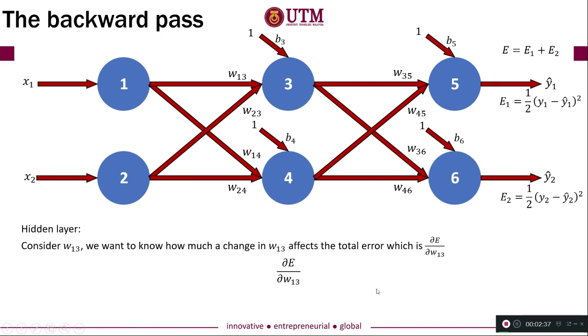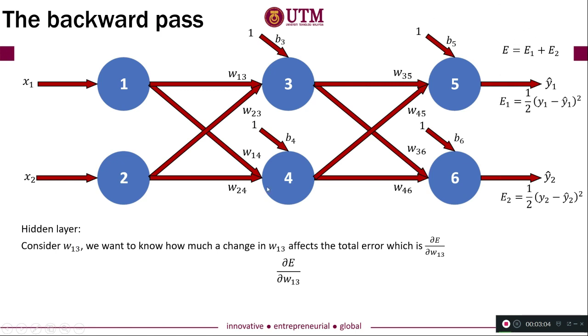Again, let's focus first on finding the gradient or the updater of this W13. Consider W13 first. We want to find del E over del W13, which represents how much the change of W13 contributes to the total error.